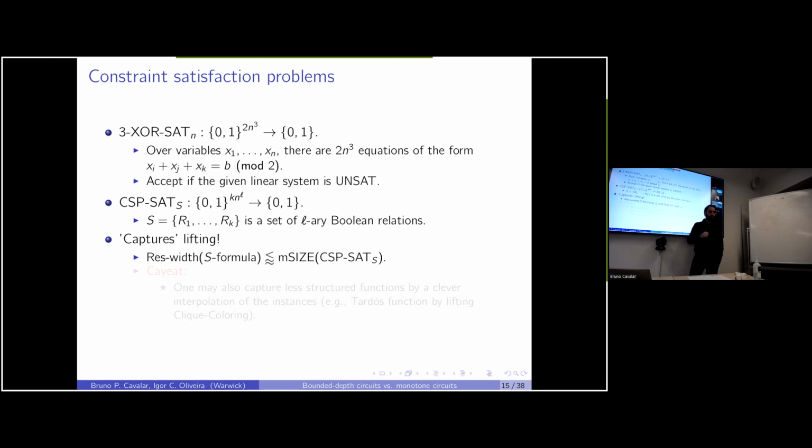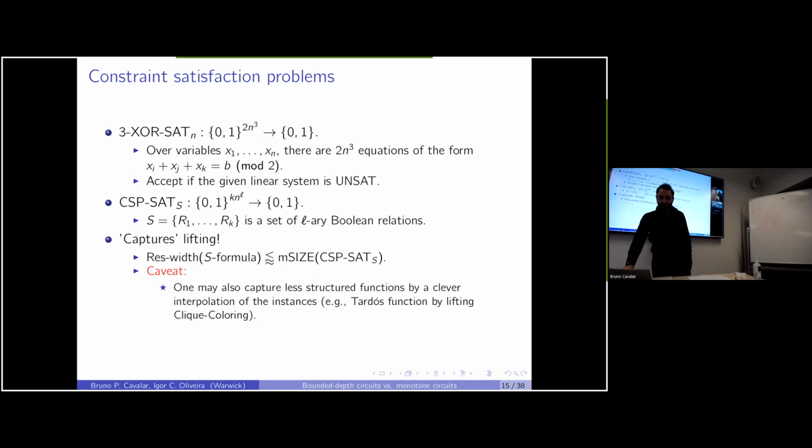Okay. What exactly do you mean by captures lifting? Captures, so that's why I put in some quotes here. Captures in the sense that most of the monotone circuit bounds, like for 3XOR or SAT, for instance, or those for connectivity or GEN, they're like this. They're equivalent to this.